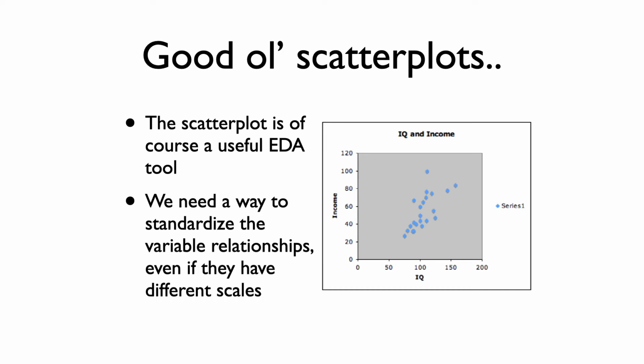So what we need is a standardized way to look at variable relationships, even if they have different scales. Because IQ is a scale and income is a scale. They're both scales, but they're measuring different things, and we want to have a way that we can standardize this kind of stuff.